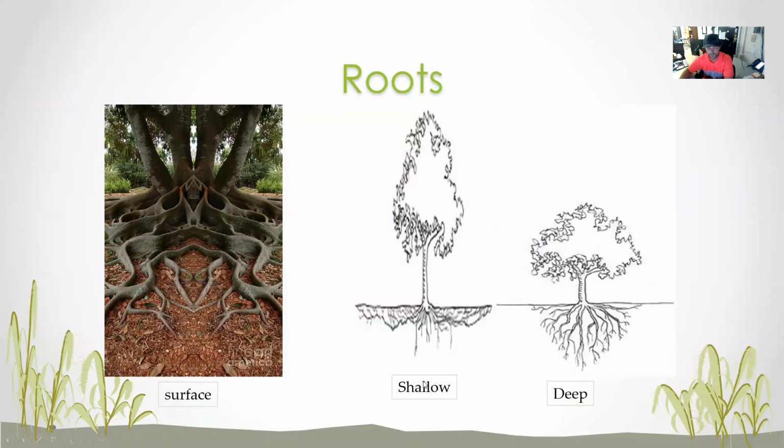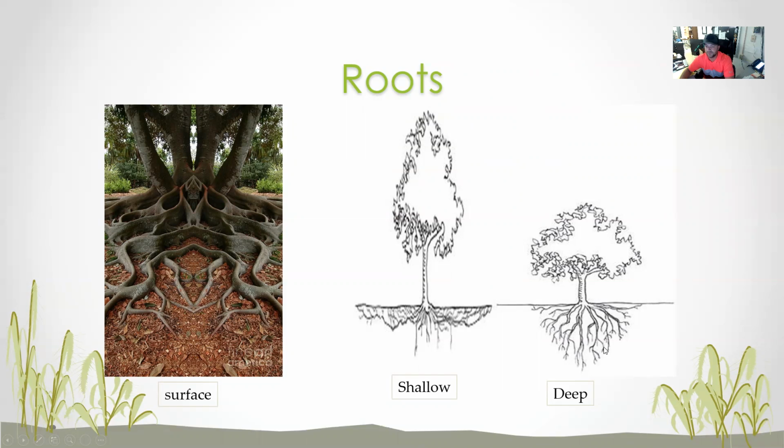So let's take a look at the roots. Typically what I'll use is I'll either do a Google search if I can't find the answer on Missouri Botanical Garden, but most of the time I can find that answer on there. So we have three different root types. We have surface roots, which primarily stay on the surface. We have shallow roots that go just a little bit beneath the ground, but if a windstorm came, it'd blow them right over.